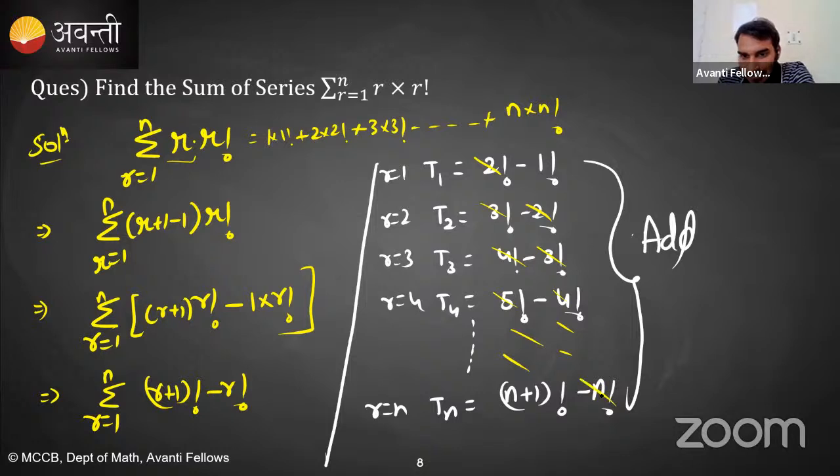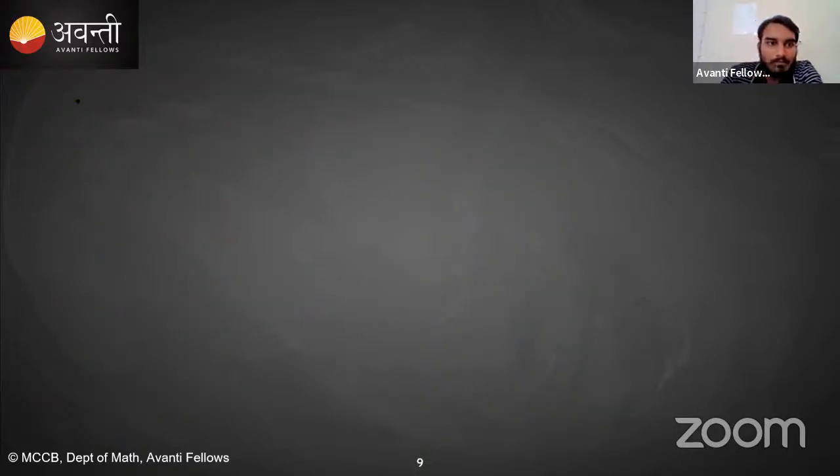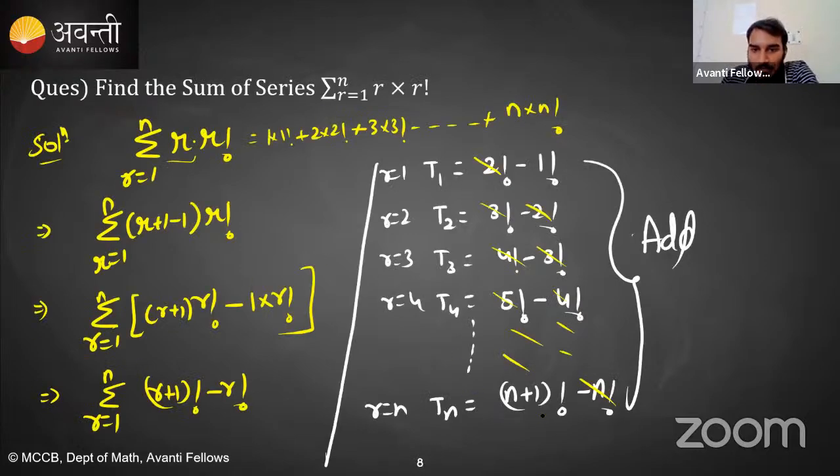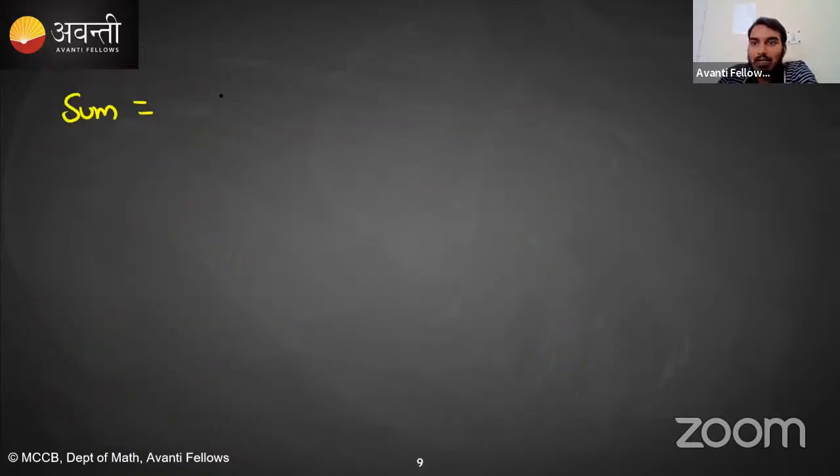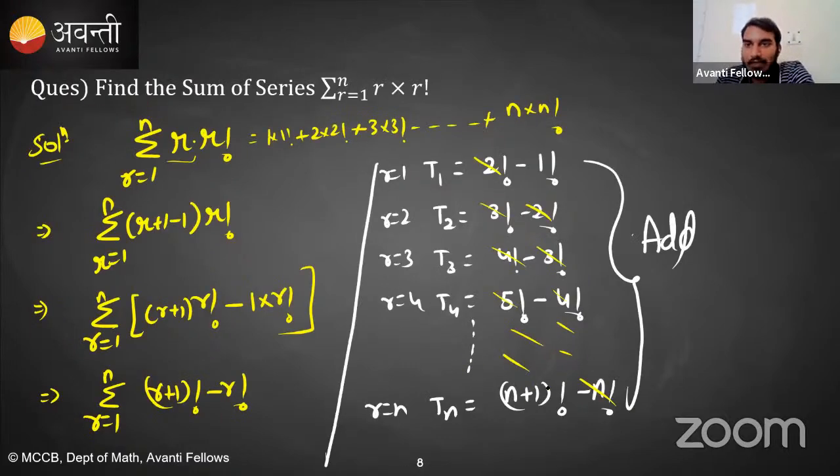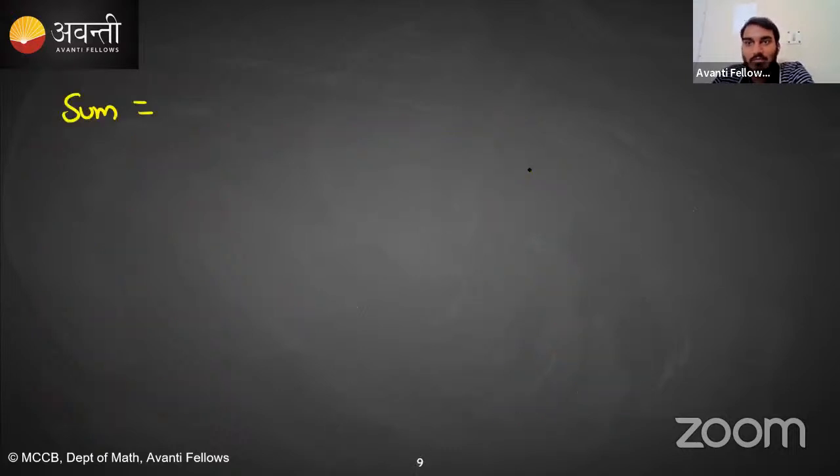Finally, this n factorial will get cancelled out with this term. So finally, the sum is n plus 1 factorial minus 1 factorial. There are two terms left uncancelled: n plus 1 factorial and minus 1 factorial.